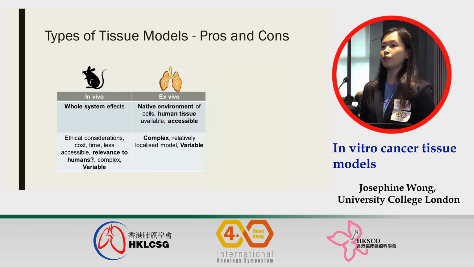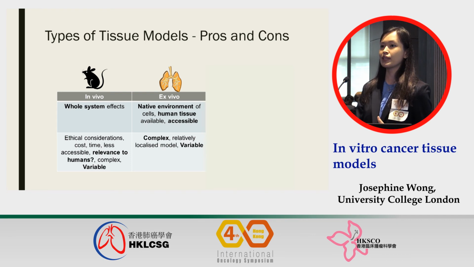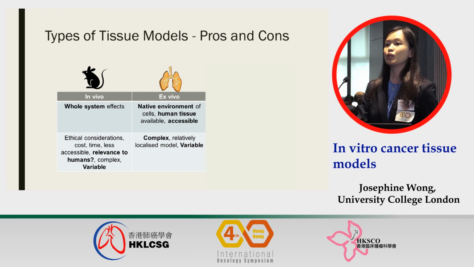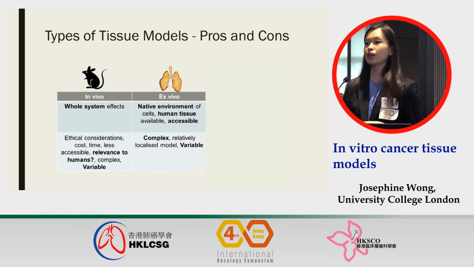The next step down is the ex vivo tissue models. They are, for example, tissue slices that you extract from the animal, and then you have the cells preserved in a native environment, so that you could study how all these native cues affect the cells within the matrix. The drawback is that it's quite complex, so it's quite difficult to identify which factors are affecting the cell behavior.